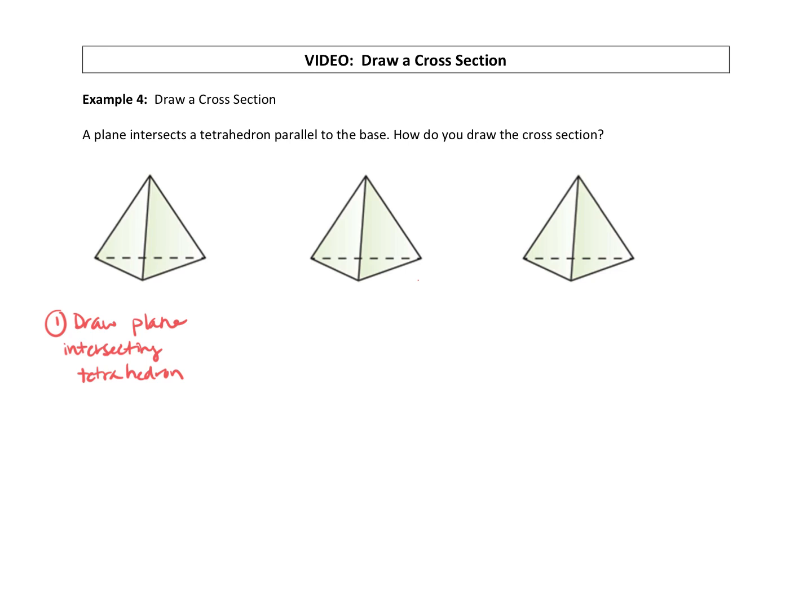Okay, so they told us that the plane intersects the tetrahedron parallel to the base. So here's what that's going to look like. Again, don't judge my picture. So I'm going to draw in a plane there, there.